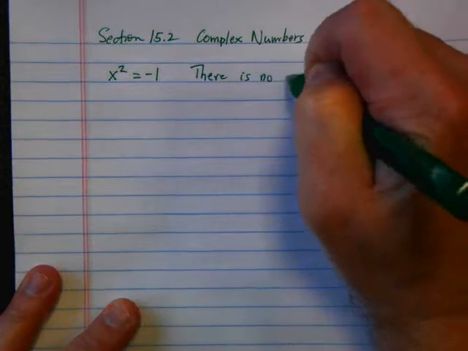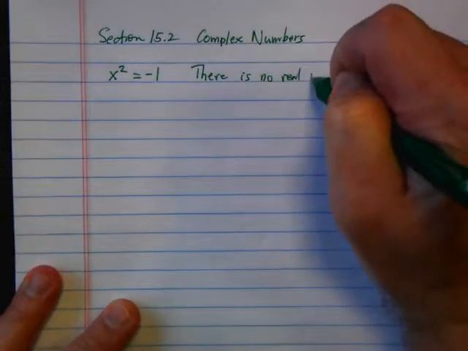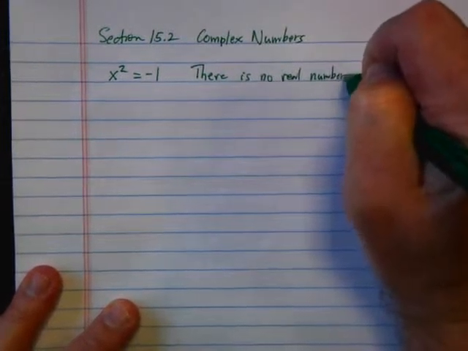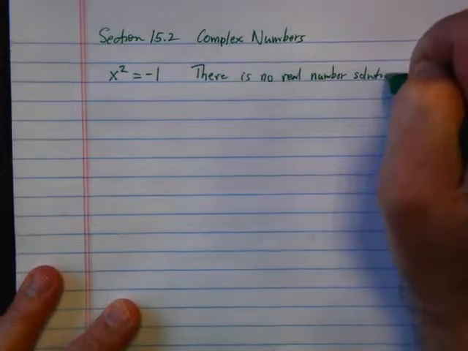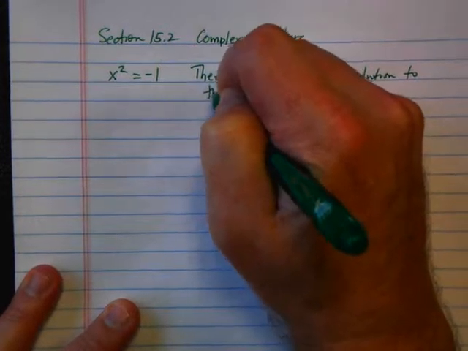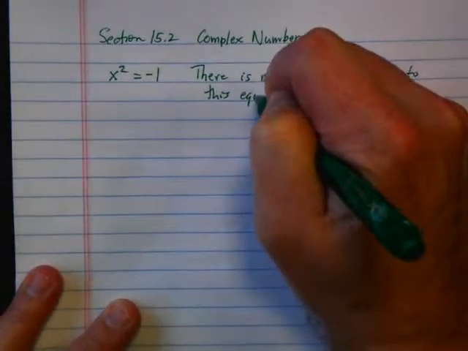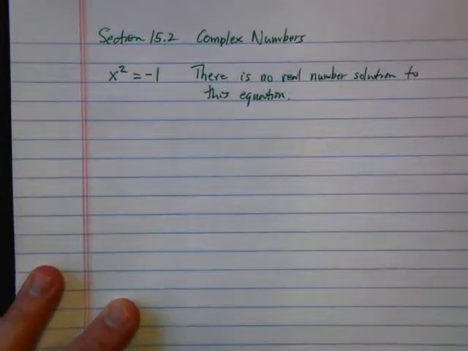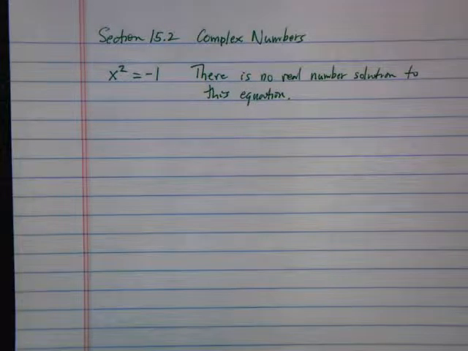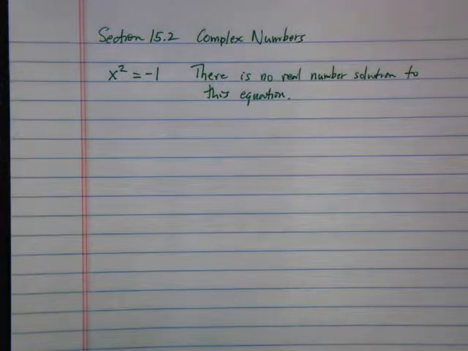There is no real number solution to this equation. Well, what do you do if there's no real number solution? You make up an imaginary one. Just like when you were little and you didn't have any real friends, what'd you do?